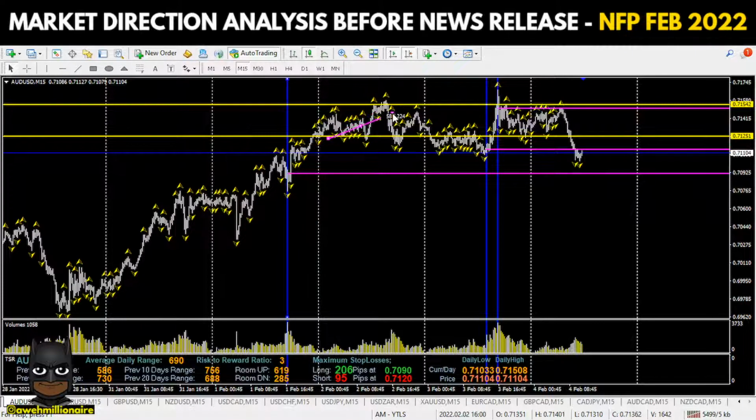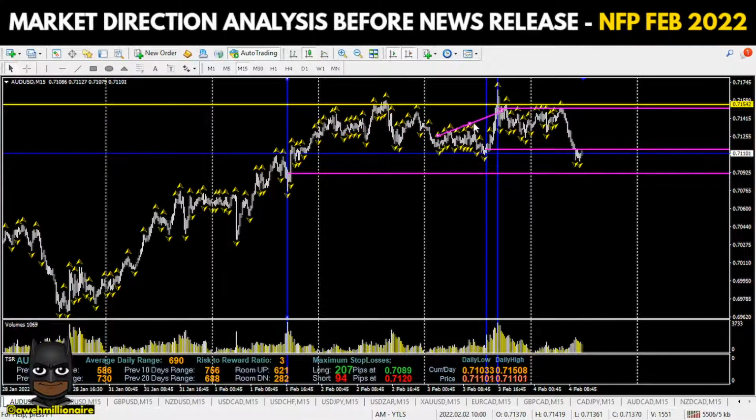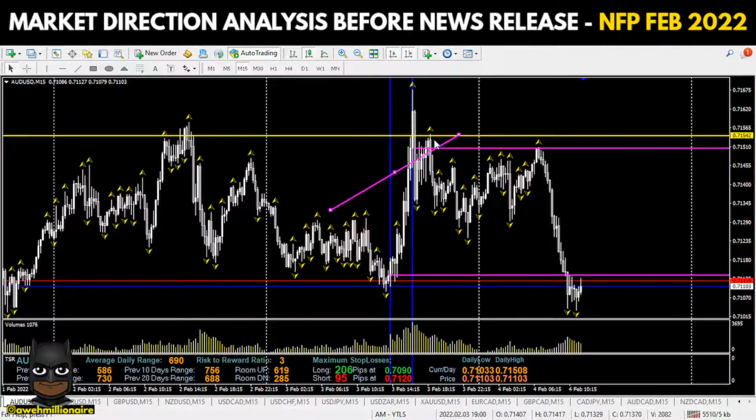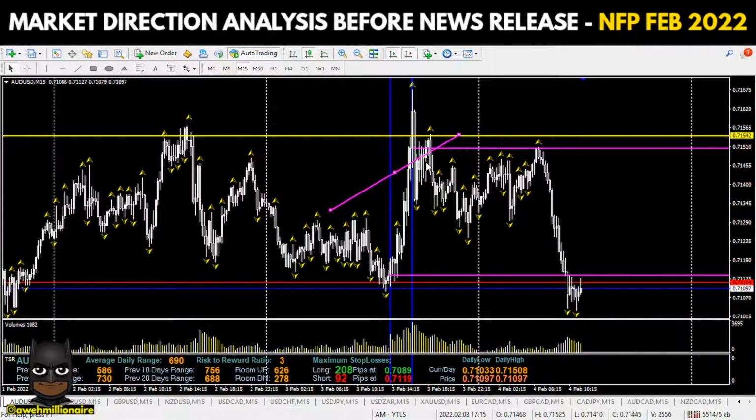Price came through, broke through the first level of supply, so delete that one. Whenever price breaks a supply level, we delete it as we're no longer interested in that level anymore. And then as we can see, price came back to test that level yesterday. So if you were trading yesterday, you would have caught the move to the downside from here.